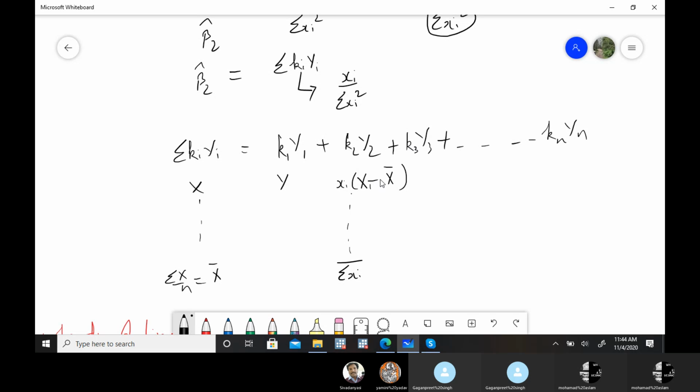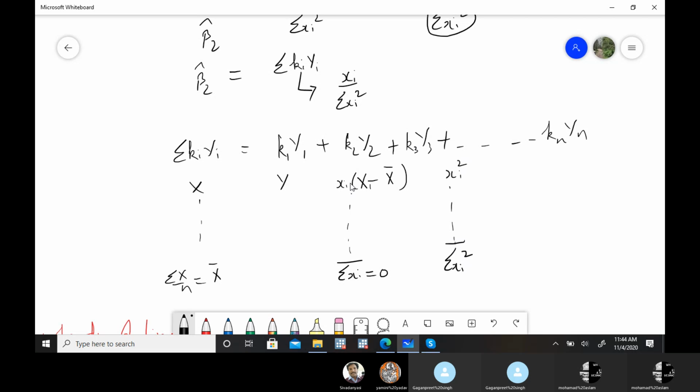Now the summation of this term is equivalent to 0, since we know that if we take the summation of deviations, it's equivalent to 0. Next we have to take x square, the denominator term. If you take its summation, that is summation xi square.